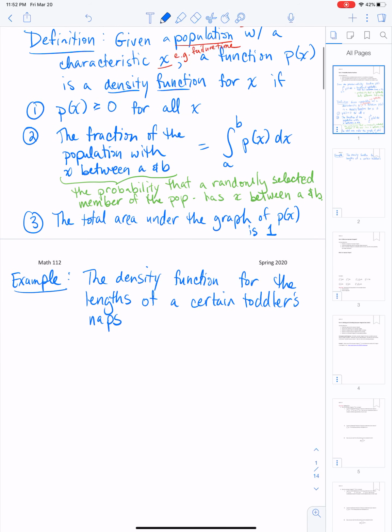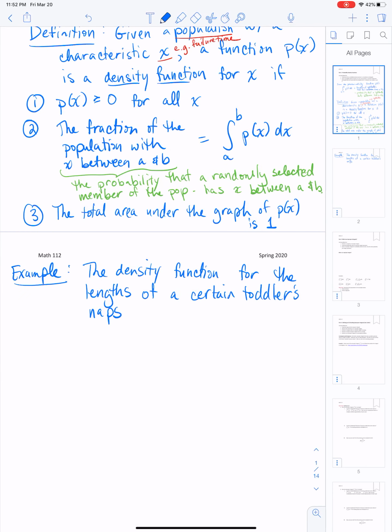Okay. And so let's call this density function P of t, where t is in hours. Okay, and I'm going to go ahead and just paste in my little sketch of that here.